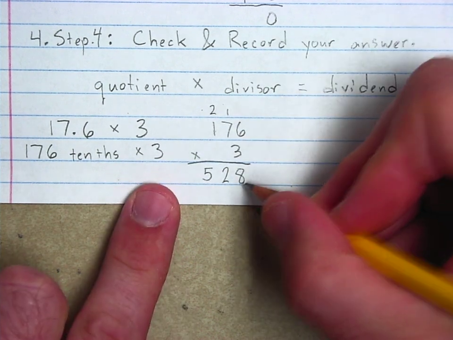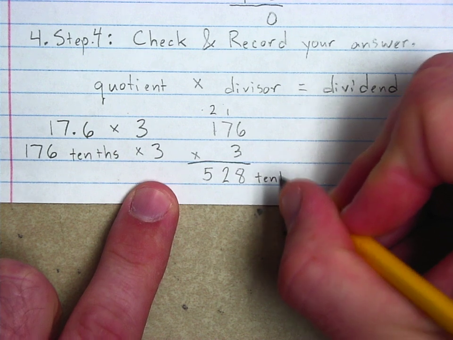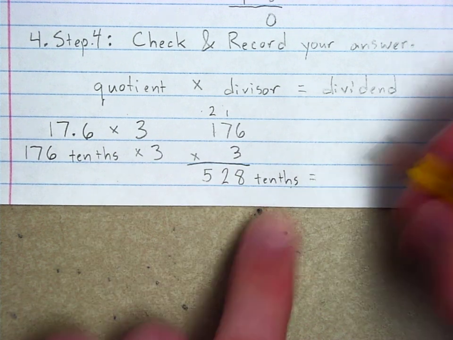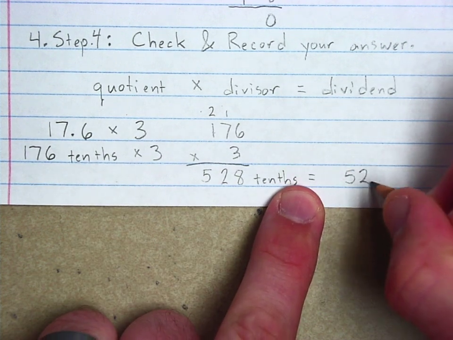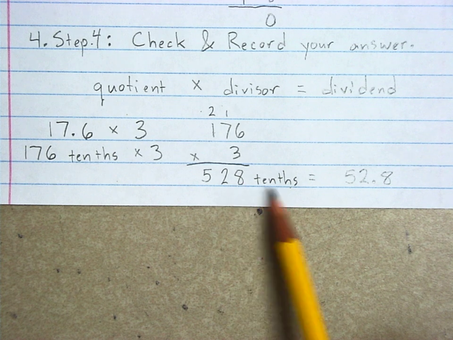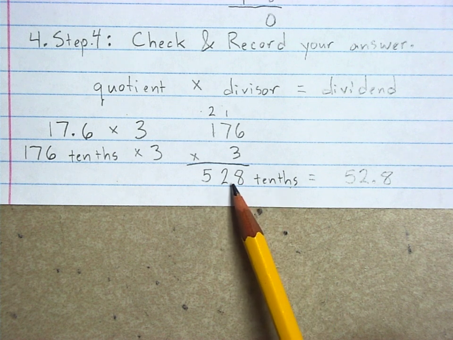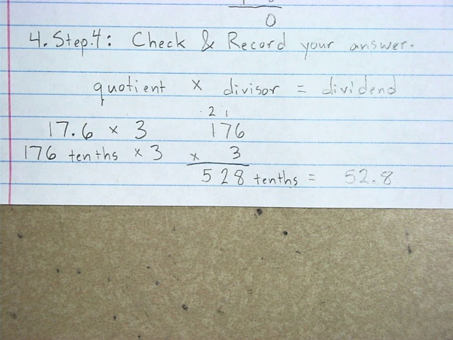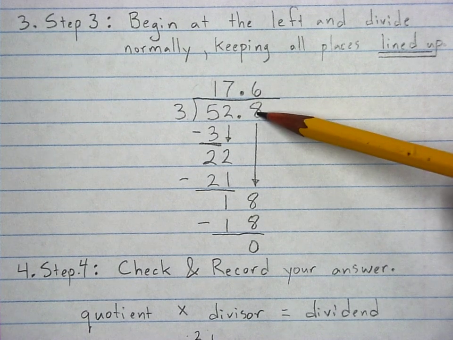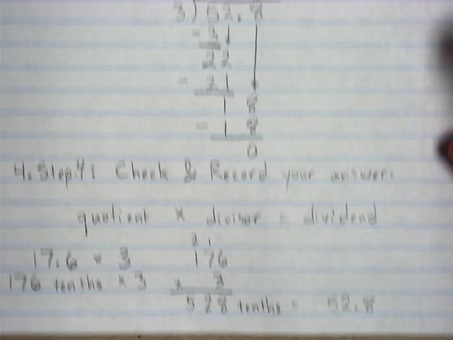So now I have 528 tenths. But hopefully we remember that that is the same as that. Last digit goes in the tenths place. Tenths would have a decimal right there. So, was that my original dividend? Yes, it was. Looks good.